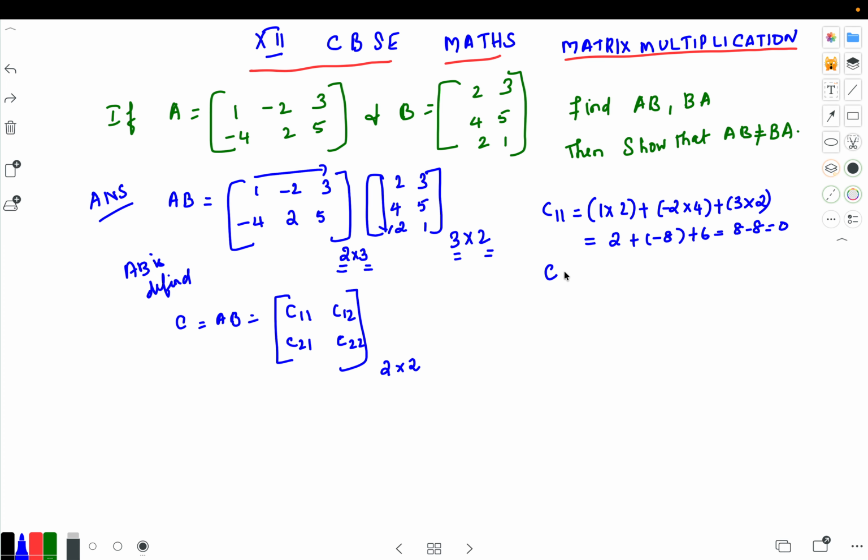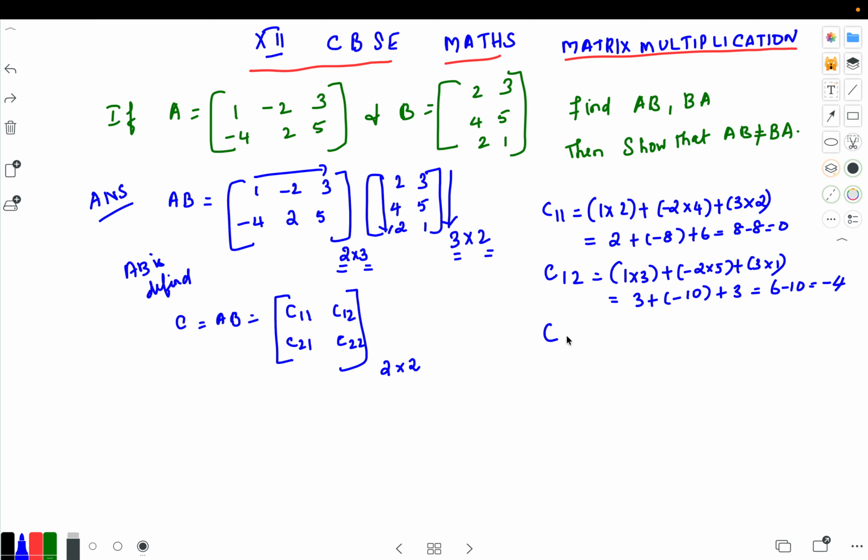Next we have to find C12. C12 is the sum of the products of the first row with the second column, that is 1 into 3 plus minus 2 into 5 plus 3 into 1, which is 3 minus 10 plus 3, that is 6 minus 10, that is minus 4.